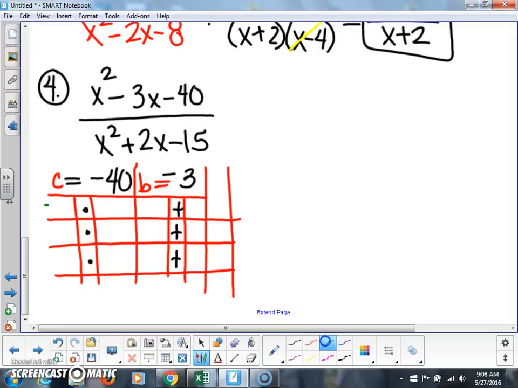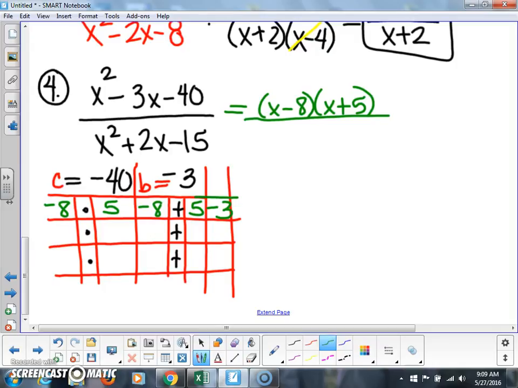So you have negative 8 times a positive 5 gives you negative 40. If you add negative 8 plus a positive 5, you're going to get a negative 3. Okay, so your factors are x minus 8 and x plus 5, all over, okay, and now we got to do the bottom. What are the values of negative 15 that add up to positive 2?